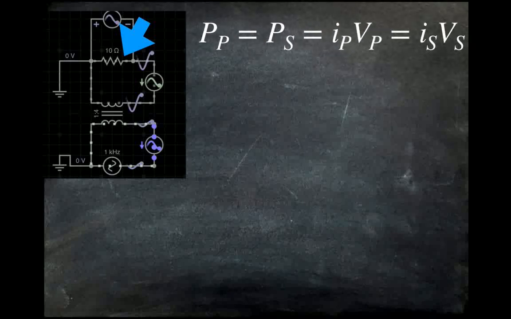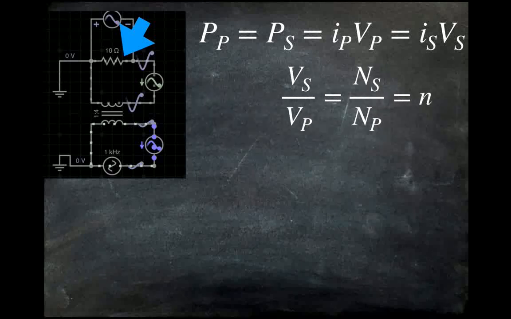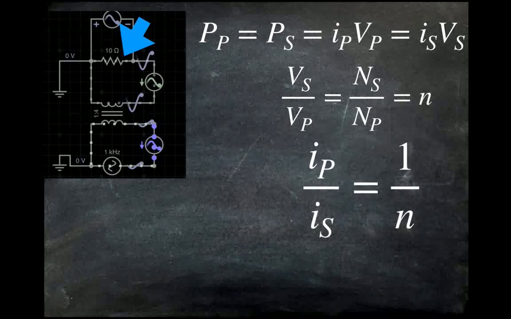And from Ohm's law, we know that the electric power is current times voltage. Hence, the conservation of energy is expressed by this equation. Now, by considering the previous ratio equality, we derive that for an ideal transformer the ratio between the currents of the primary and the secondary coil will be inversely proportional to their respective turns.